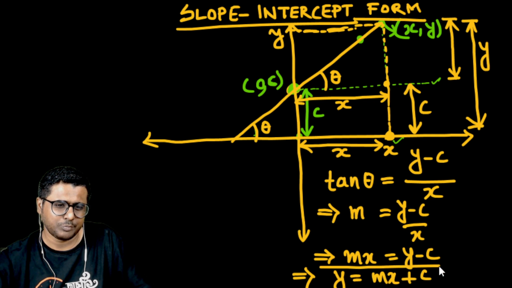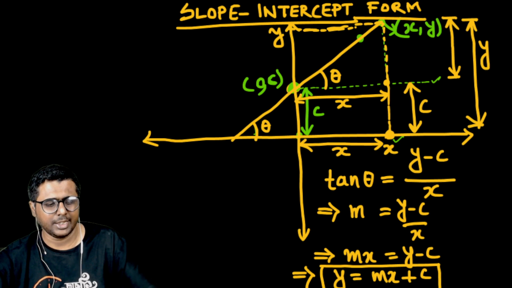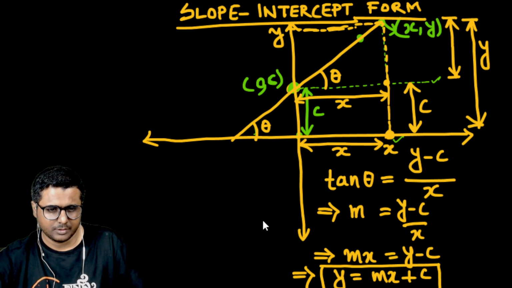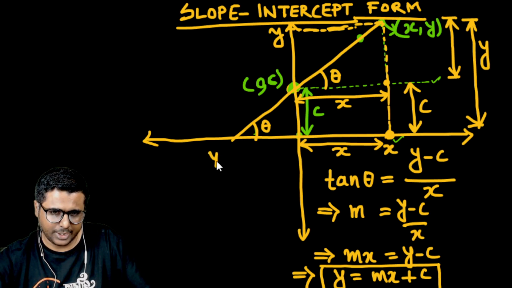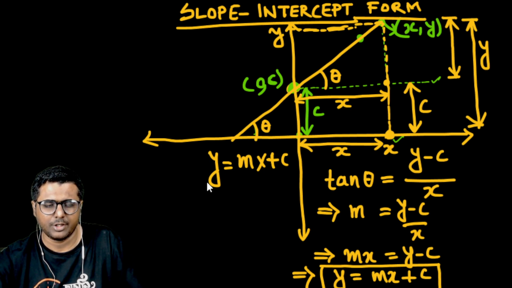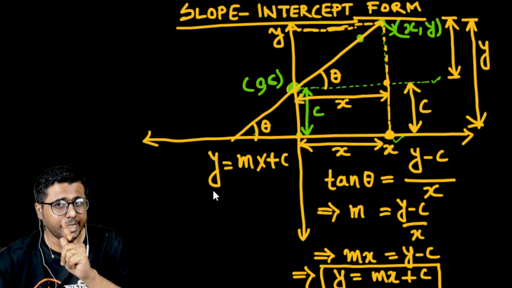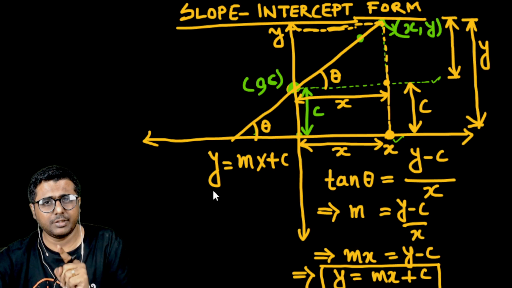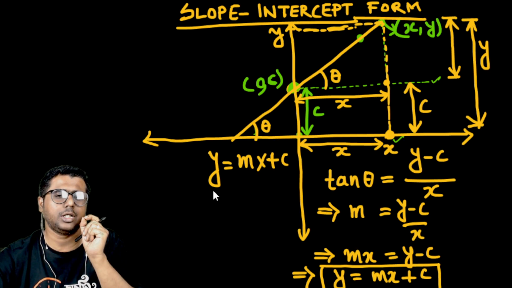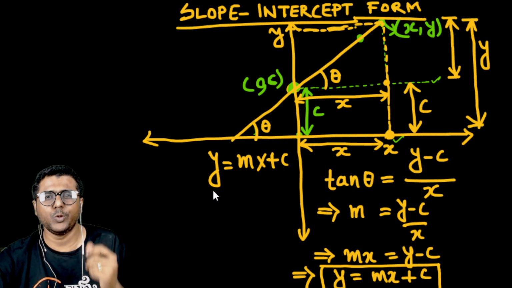I think it is proven now, y is equal to mx plus c, and everybody has understood this. So for any straight line, this is the equation. Whenever y is directly proportional to x without any powers, we call that a linear equation.